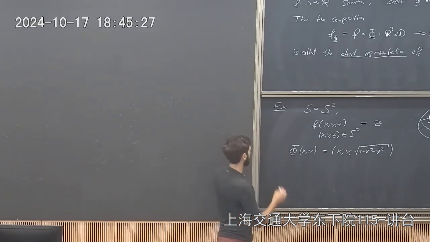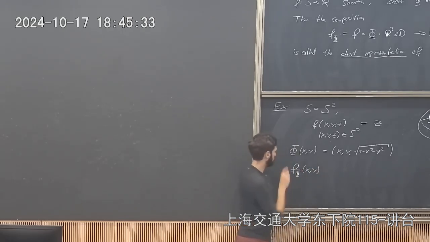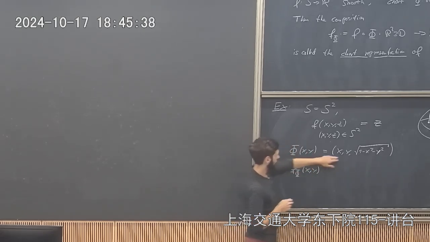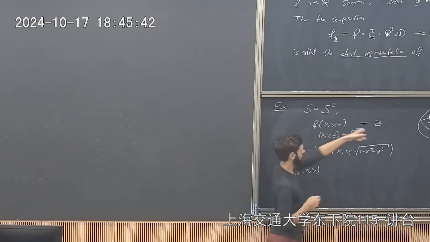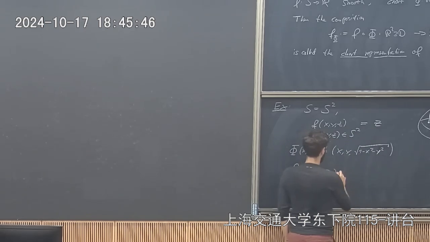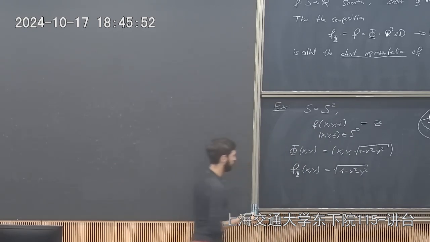And now we look at the chart composition, which would be a map from x and y. I first have to plug in phi, which gives you x, y and this expression, and then plug that into f, which gives you the last component. So this function is just the square root of 1 minus x squared minus y squared.